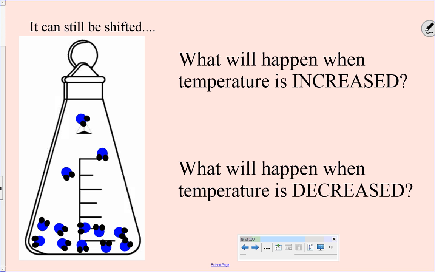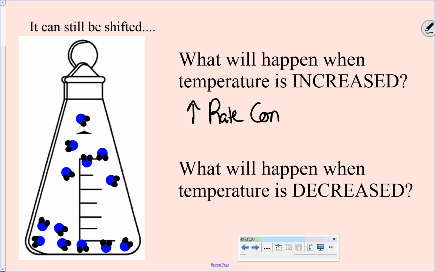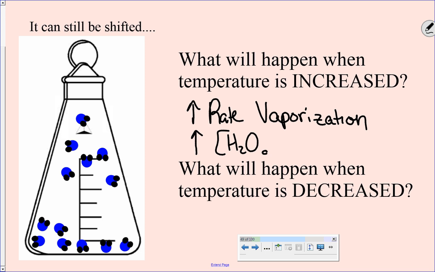Another way would be if we increase temperature. We would have an increased rate of vaporization, and therefore an increase in our water vapor.